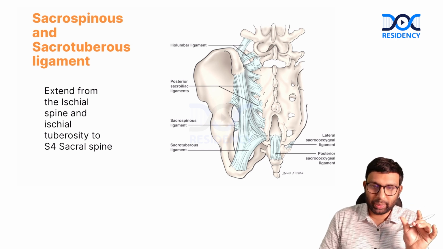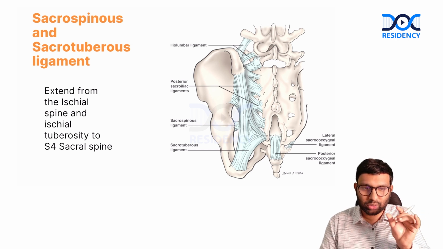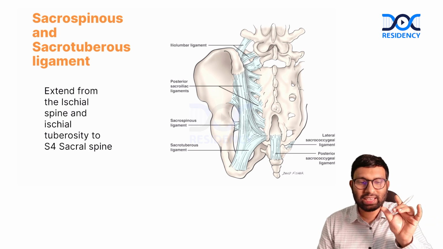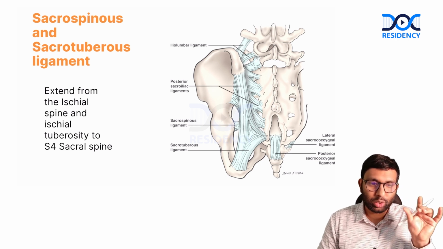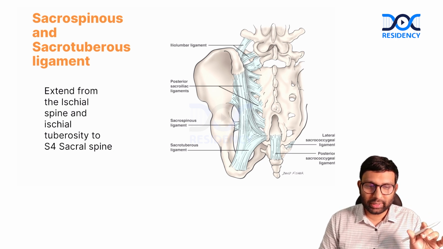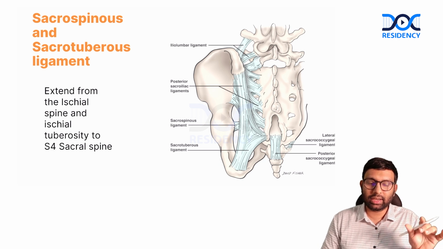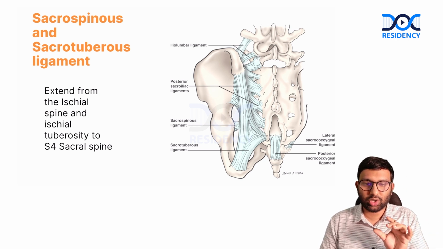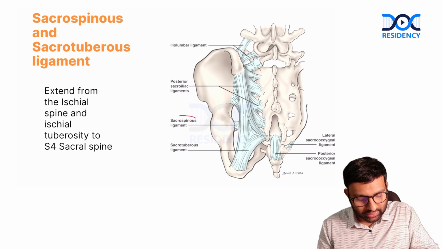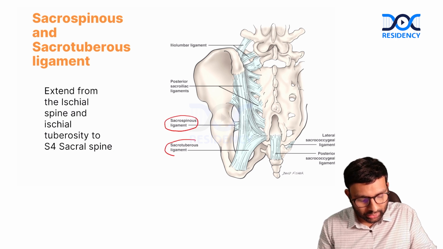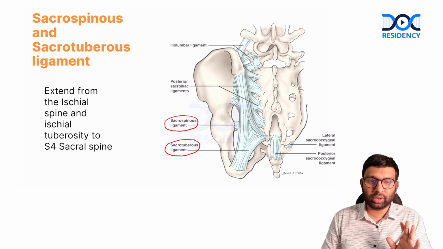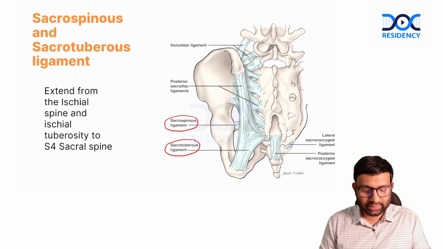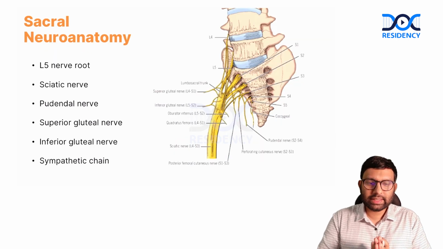So sacrospinous connects from the S4 sacral spine all the way to the ischial spine. That's why it's called sacrospinous. Sacrotuberous connects from the S4 sacral spine till the ischial tuberosity. That's why it's called sacrotuberous. So these are the 4 important ligaments that you need to know about in the sacrum. Then let's understand sacral neuroanatomy.